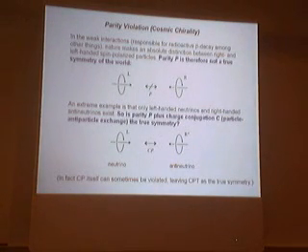Now, an extreme example is only left-handed neutrinos and right-handed anti-neutrinos exist. So that suggests that parity P plus charge conjugation C, that's particle-antiparticle exchange, is the true symmetry. See, left-handed neutrinos and right-handed anti-neutrinos are interconverted by CP, parity plus charge conjugation. And only that exists. So that suggests CP is the true fundamental symmetry.